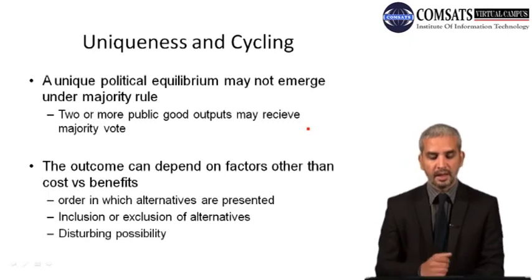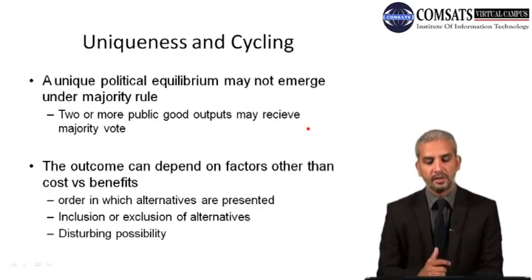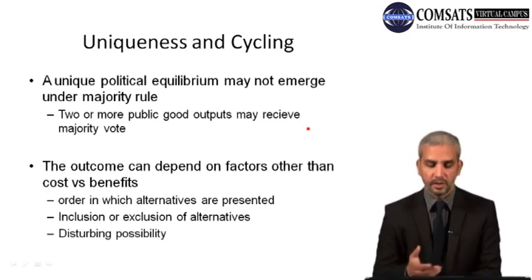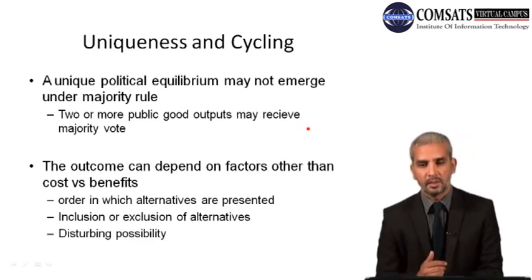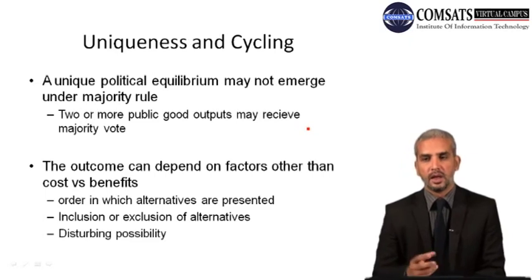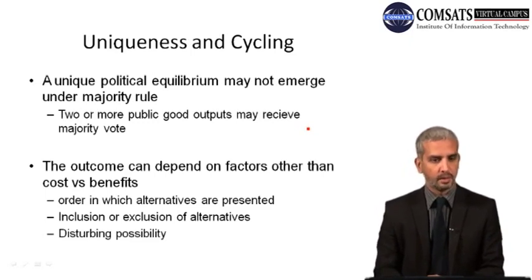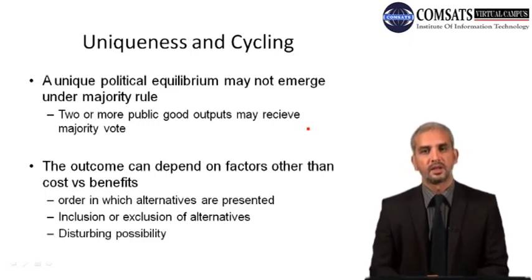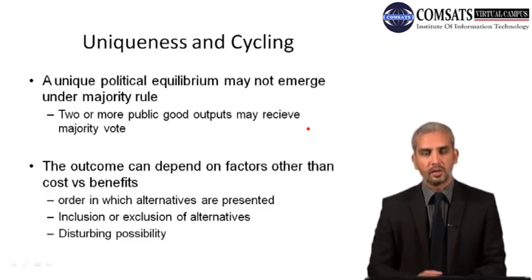Now the outcome can depend on factors other than the cost versus benefits, for example the order in which alternatives are presented to each other. We would see through that example that when two output levels or two decisions are under discussion, maybe 3 alternatives, how they are paired together would also affect the total outcome.